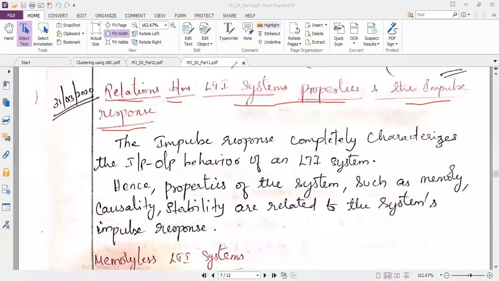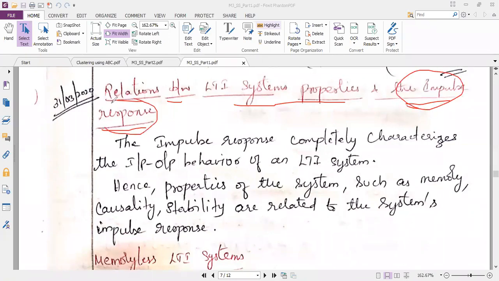In the second module, we discussed the properties of the systems, like causal property, memoryless property, linearity property, time invariance property, etc. Now in this module, I am going to discuss the properties of the system in terms of impulse response.